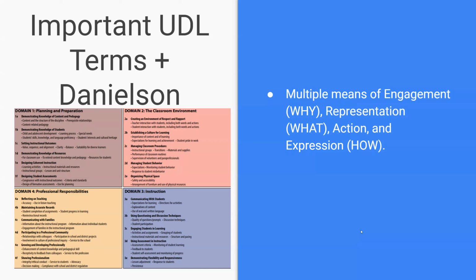In domain 3, instruction, I felt like in 3C, the grouping of students, and 3D, the assessment criteria was a little off. Obviously, I talked extensively about the grouping of students in the UDL. I didn't feel like it was done effectively. I feel like there could have been a more structured way of doing that, or giving the students more autonomy.